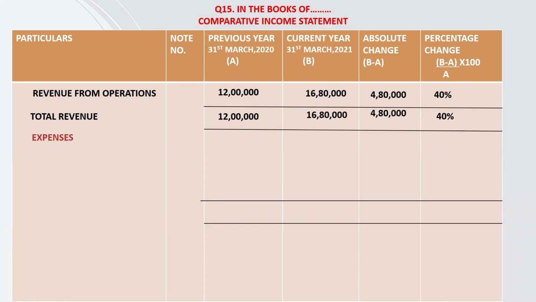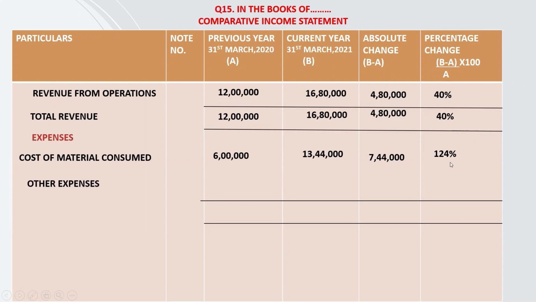Now coming to expenses, we are already given the value of cost of material consumed, which is 6 lakh and 13,44,000. The difference, the absolute change, current year minus previous year, is 7,44,000. When the 7,44,000 is divided by 6 lakh, our percentage change will be 124%.